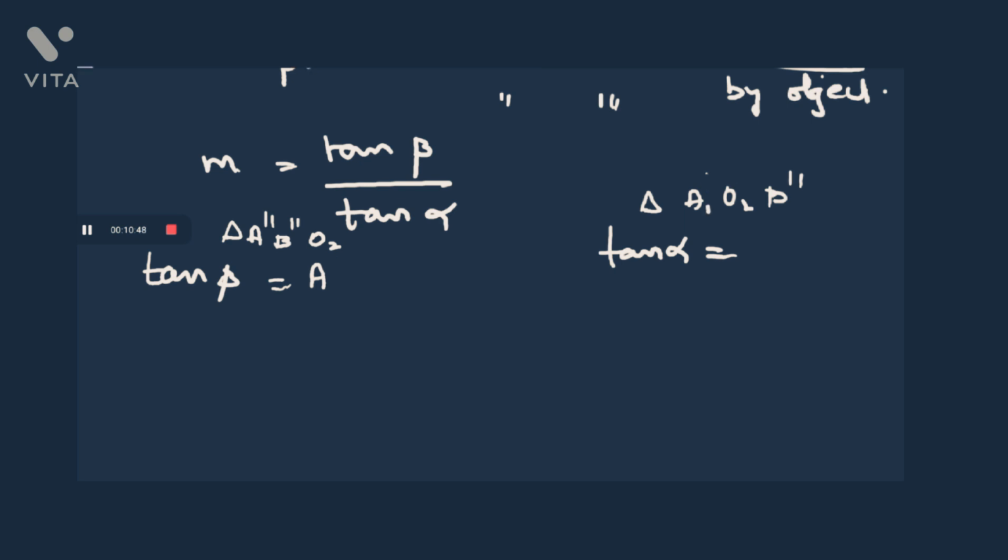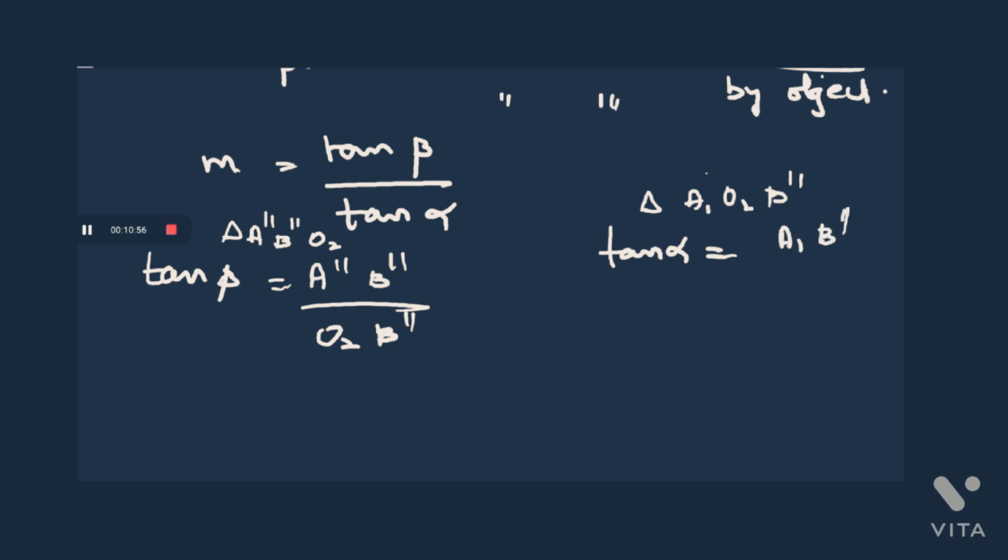So in tan beta you will get A''B'' divided by O2B'', and tan alpha will be A1B'' divided by O2B'', which can also be written as the same height AB by O2B''. So your M can be tan beta by tan alpha.